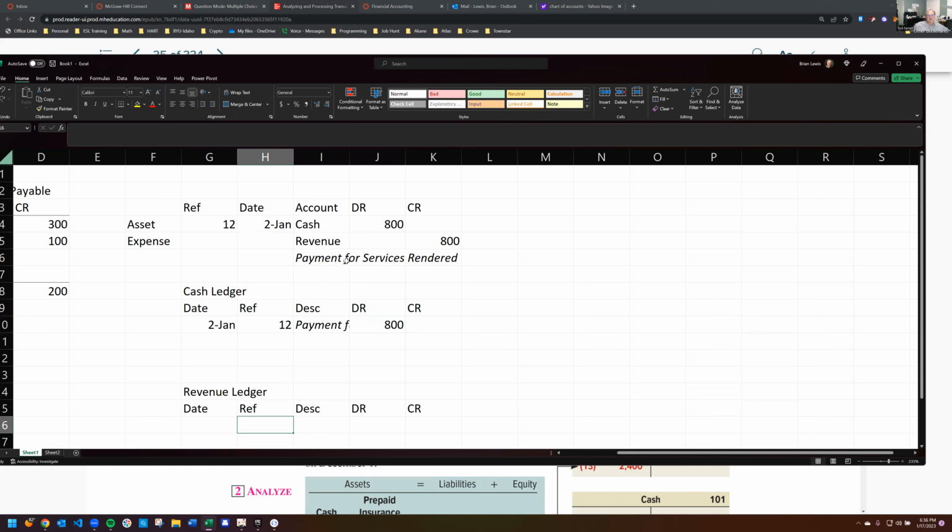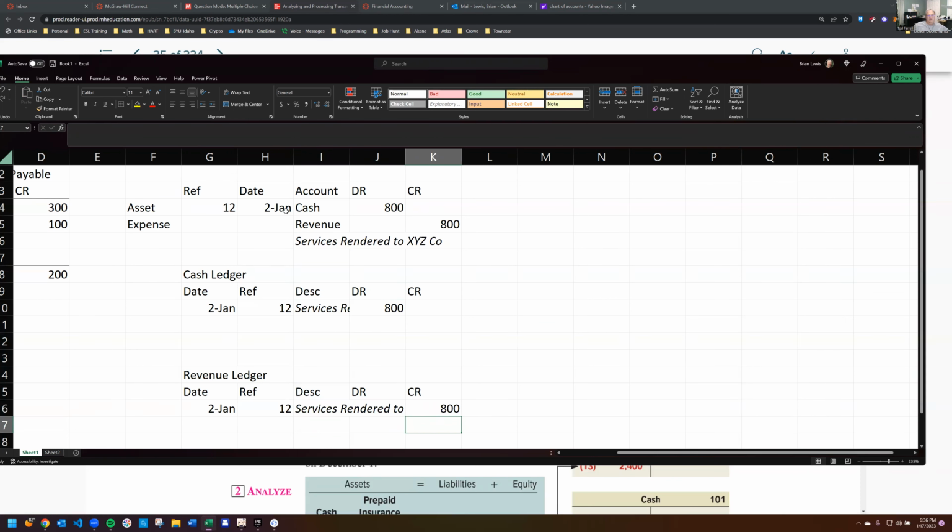On the revenue ledger, same thing, reference of 12, same type of description, but usually this would be like services rendered to XYZ Co. That's probably a better description. And then on this one, it'd have a credit of 800.